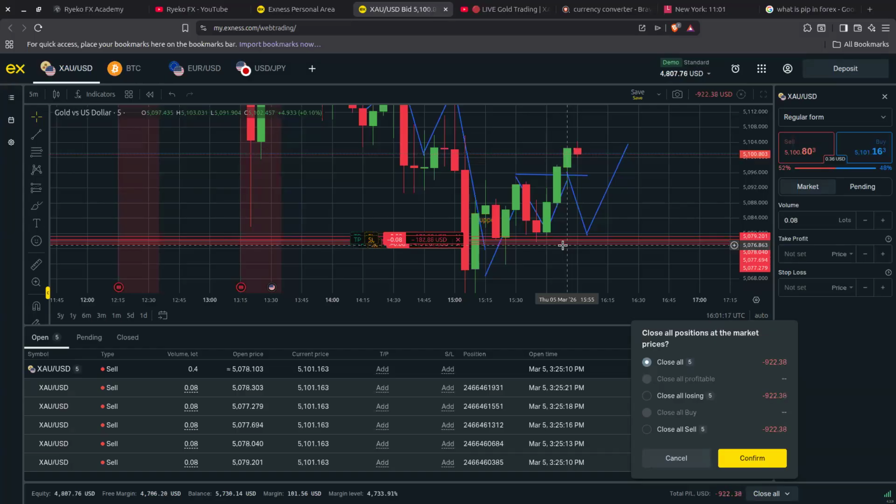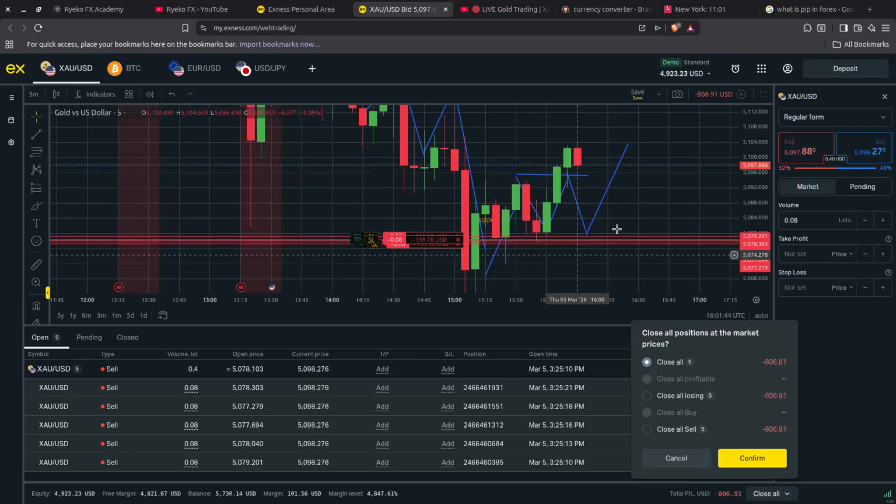That's crazy. At some point, it's supposed to drop, but I don't think it will drop below here. That was a bad entry point for us. That was really, really bad.